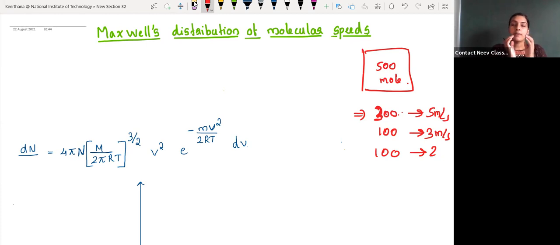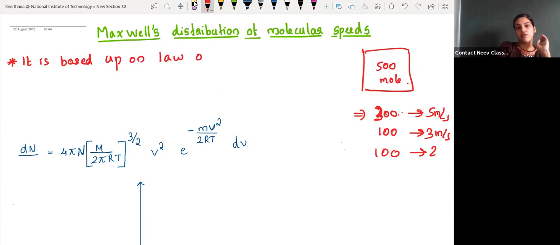This is a proposal by Maxwell and Boltzmann, and it is based upon the law of probability. You can write it is based upon the law of probability.